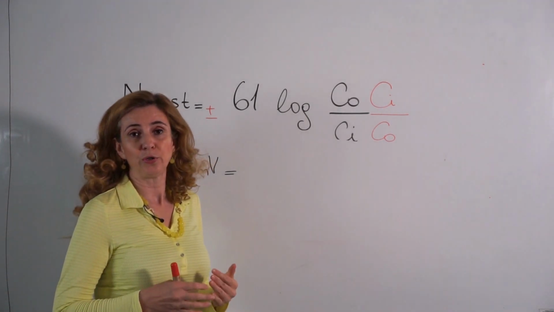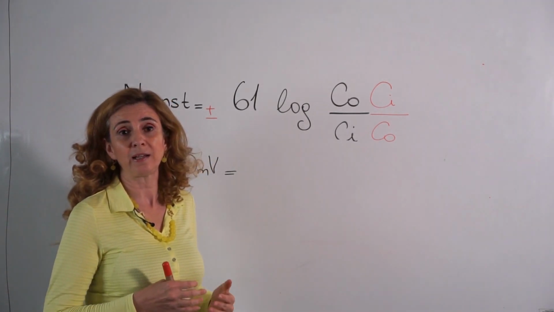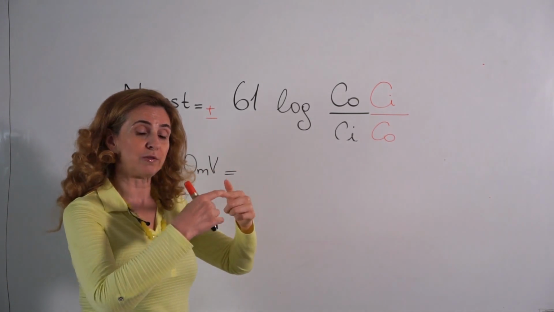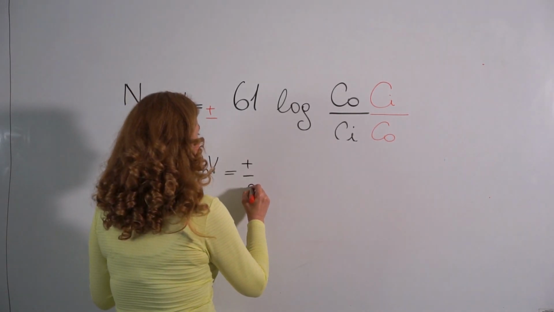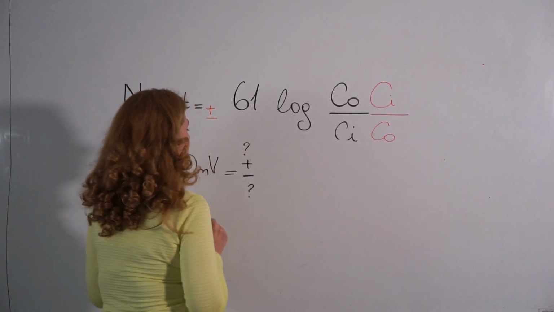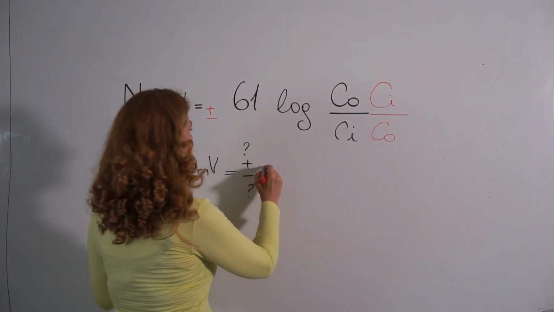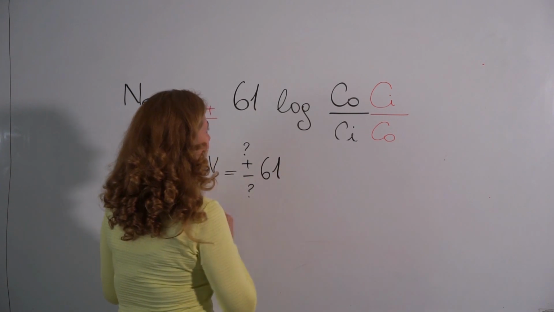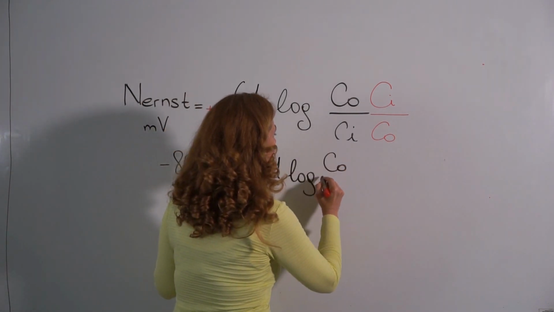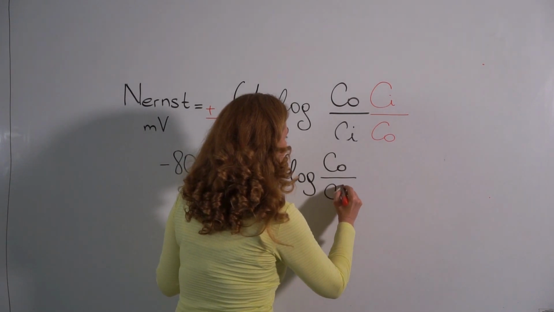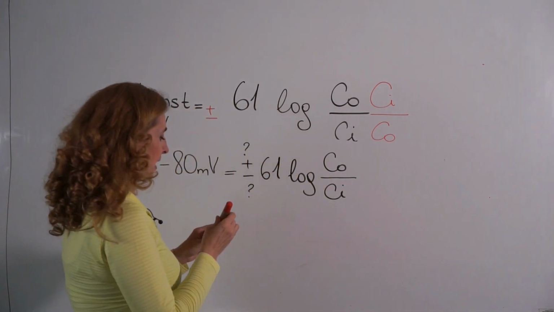Now let us try to see how the formula is acting when we reverse the ratio. Again, we have a question mark about what sign we are going to place here. Plus or minus 61 multiplied by the logarithm of, this time, concentration outside over concentration inside.